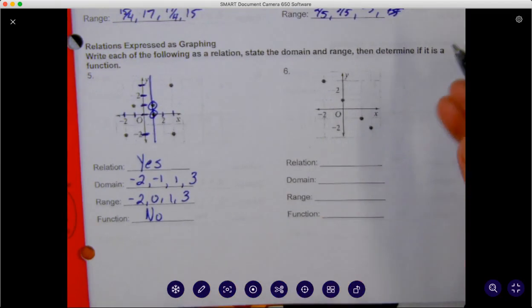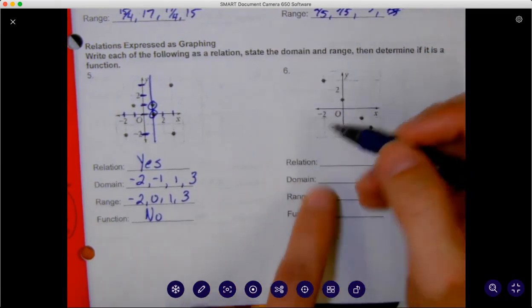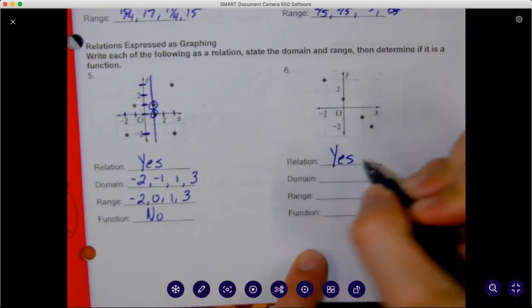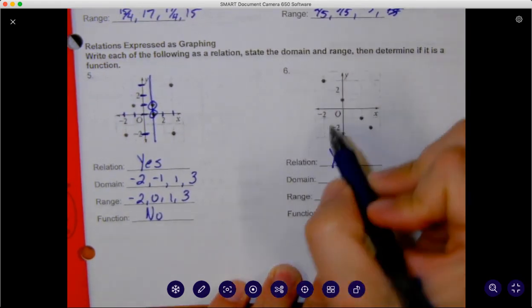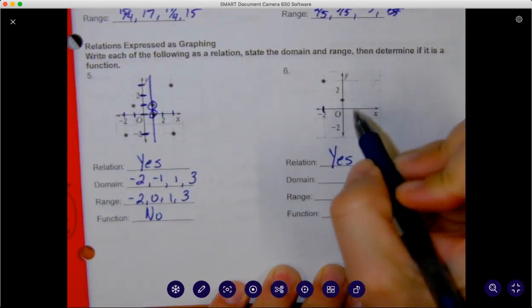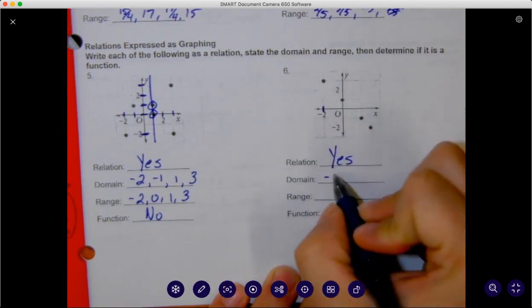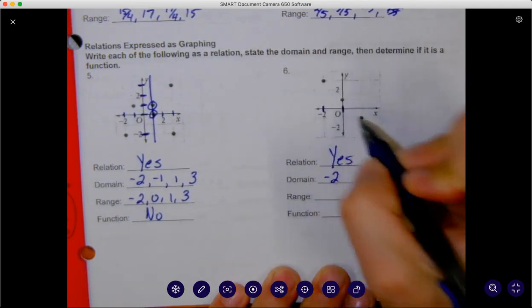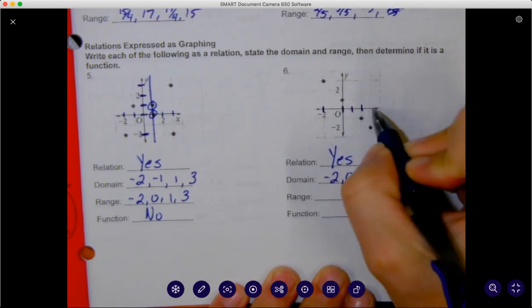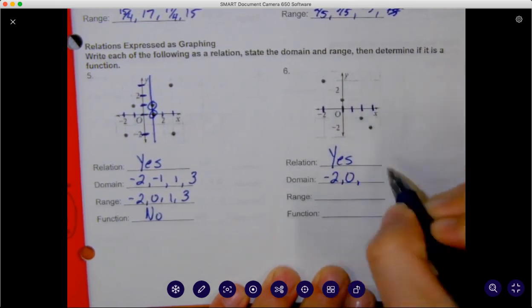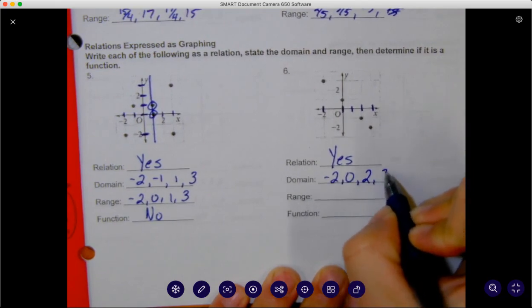All right, 6. We want to say if it's a relation. So obviously, yes, it's a relation because everything is a relationship. The domain is your list of x values. So we have a point at negative 2. We have a point at 0. That's 1, 2, and 3. We have a point at 2 and 3.